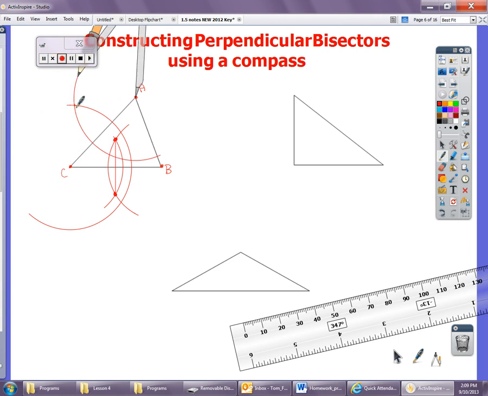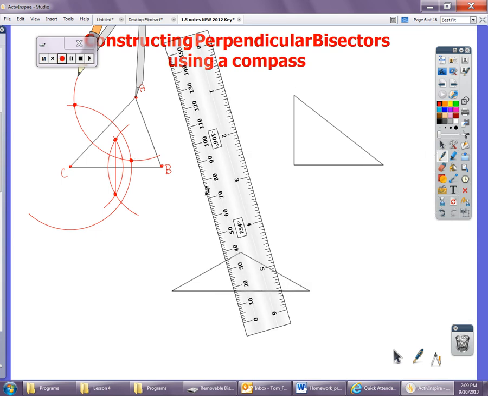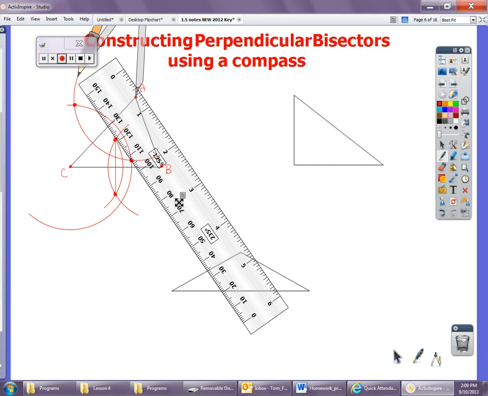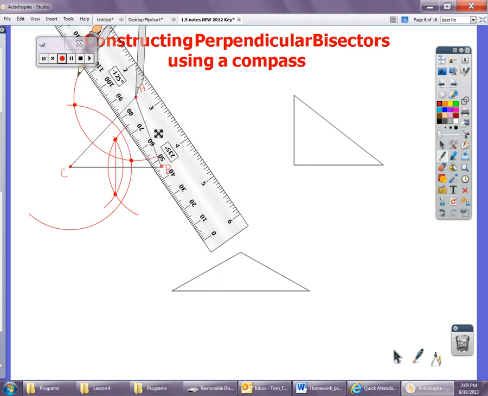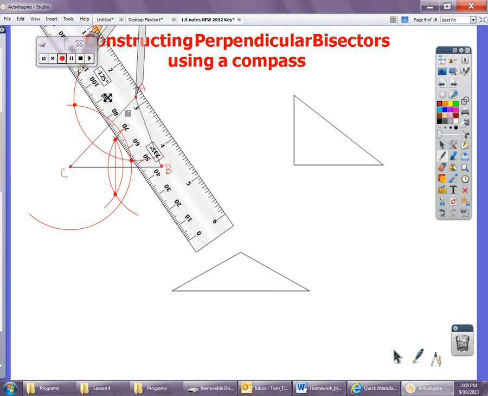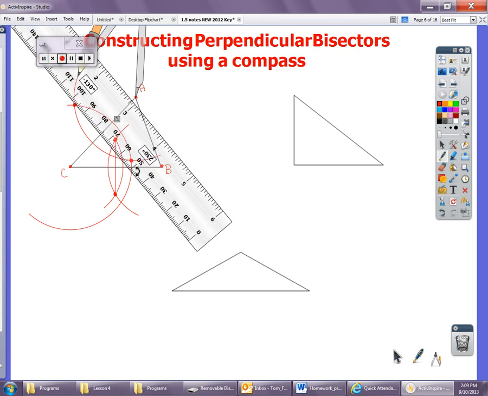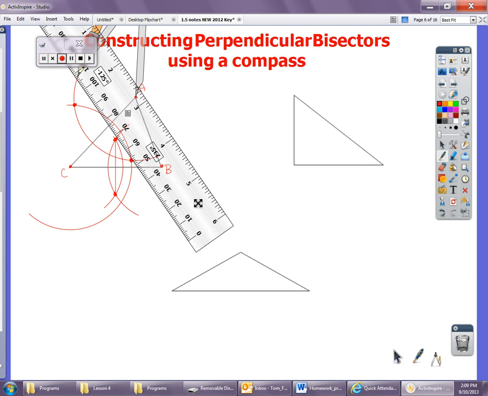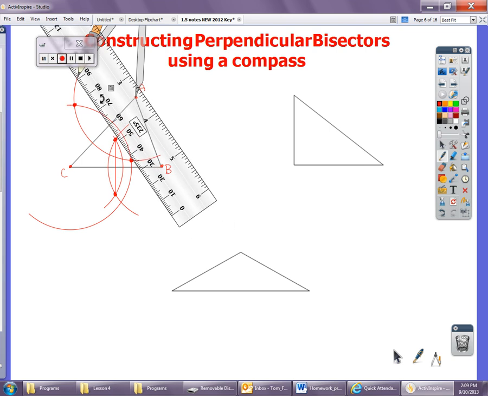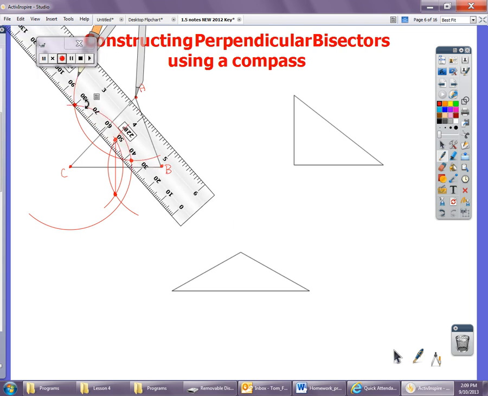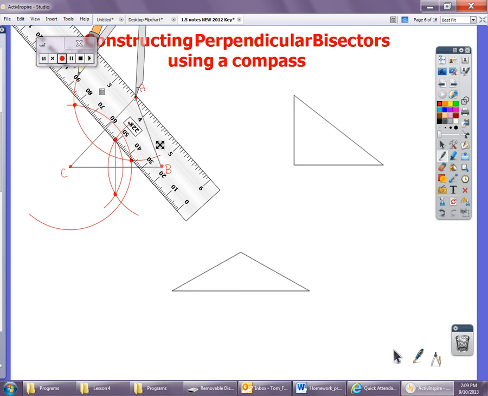Alright, so I intersected it here and here. Now I want to take my ruler, and once again I'm going to put it to go through these 2 points. Your rulers are a lot easier to move than mine.